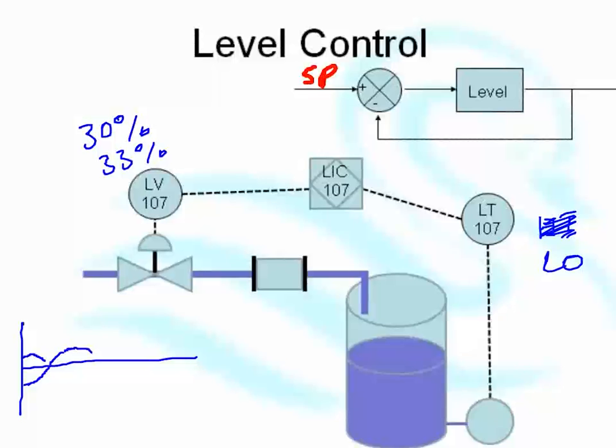So we're going to overshoot, and it will take some time before it comes in. With a small tank, say 100 litres, that could be 15 minutes. So we could get 15 minutes of bad control.